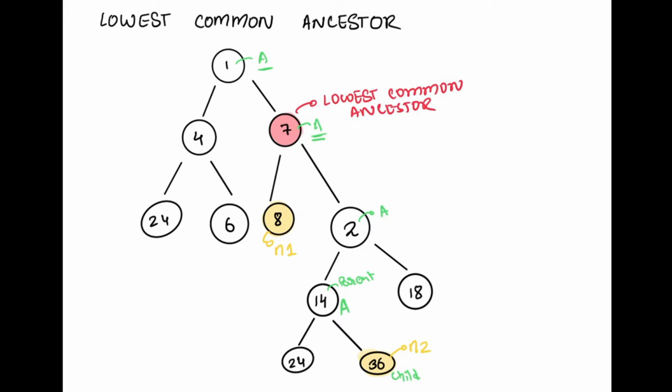And now, how are we supposed to do that? The problem that we have in identifying the lowest common ancestor is that in a tree we traverse downwards, not upwards.